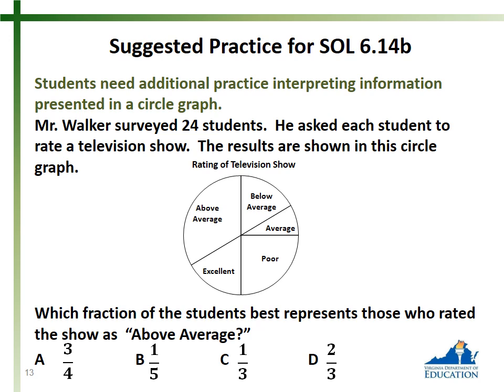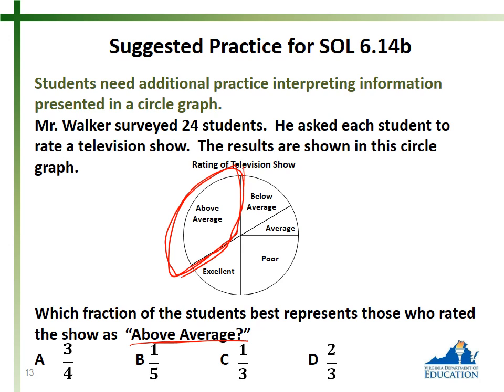And so here, Mr. Walker surveyed 24 students. He asked each student to rate a TV show. The results are shown in this circle graph. So what fraction of the students best represents those who rated the show as above average? And so let's look at this piece right here for above average. And so we have these 4 options here.